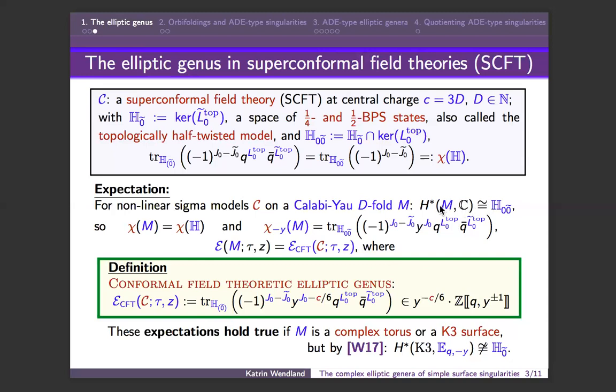Here, I'm saying that the topologically fully twisted model has the advantage that we're actually back to cohomology, a finite dimensional vector space. For K3, of course, we don't have that many contributions here. We have H0, H2, and H4.